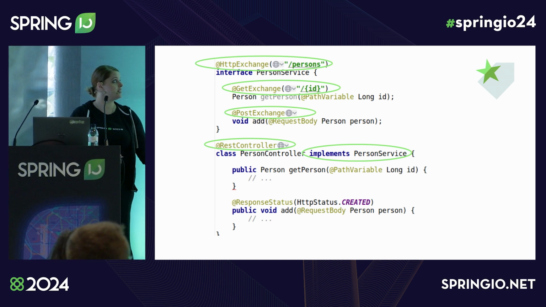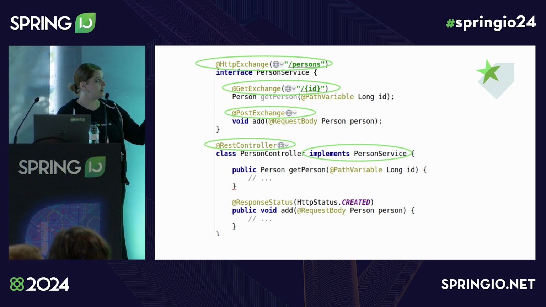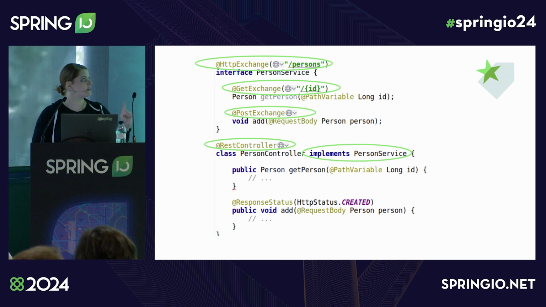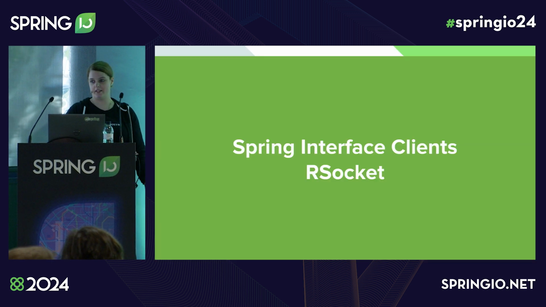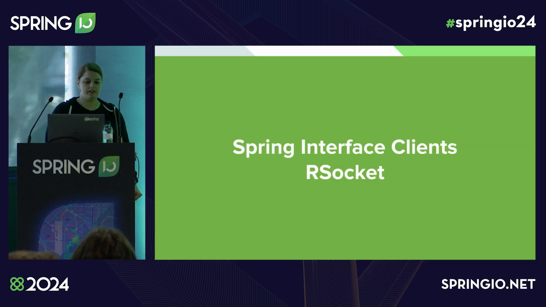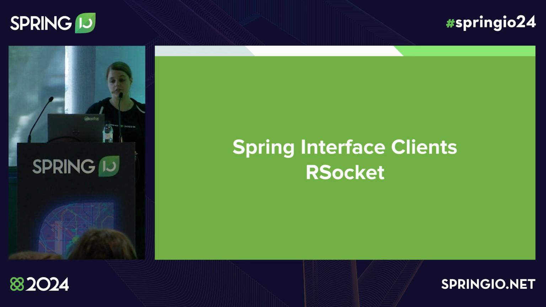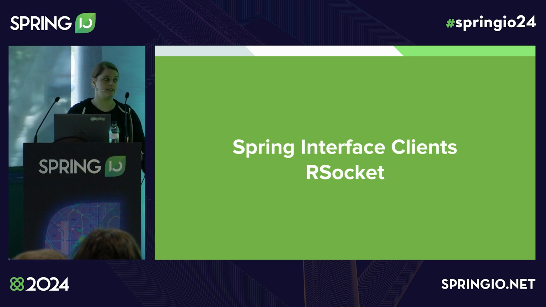But anyhow, we decided it would not be an issue, and if people liked it, we could support it. So here it is. It actually, I think, required changing one line of code. So not a big deal to maintain. And another thing that we introduced together with the HTTP interface clients are the RSocket interface clients.